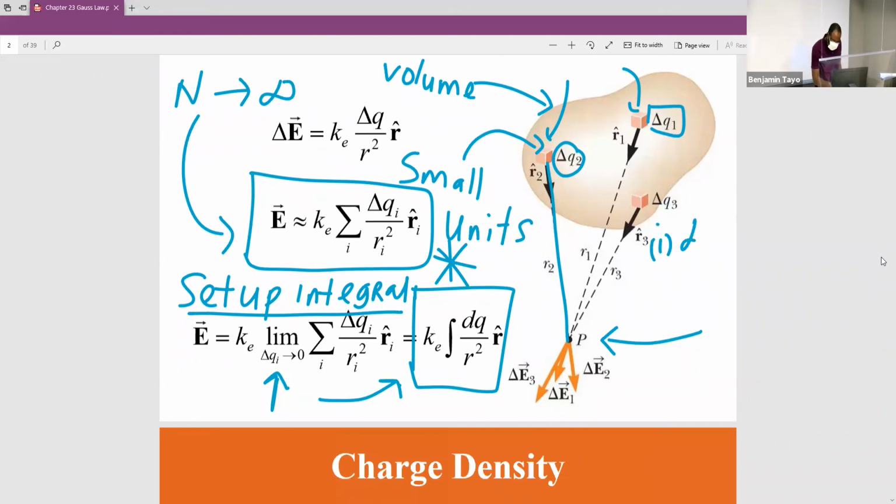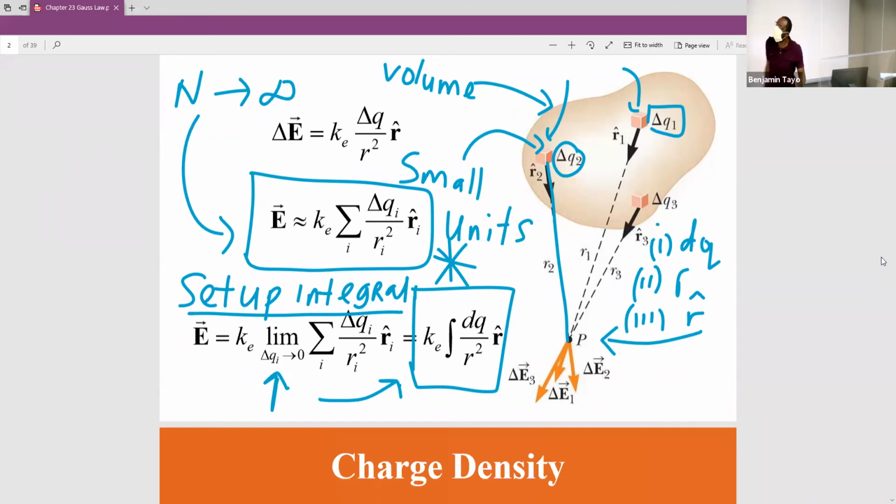How do I write my dq? What is my distance vector r? And what is my unit vector r hat? So those are the three quantities that I need to know. I need to know dq, I need to know r squared, and I need to know the unit vector. So once you have those, you put it in that integral.